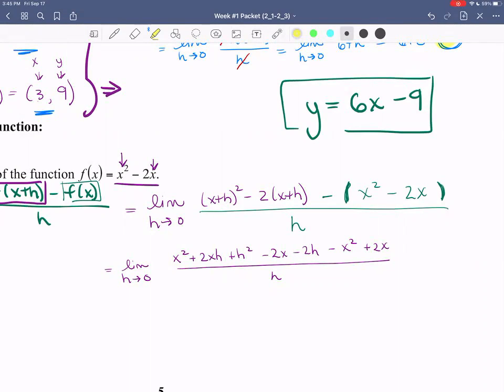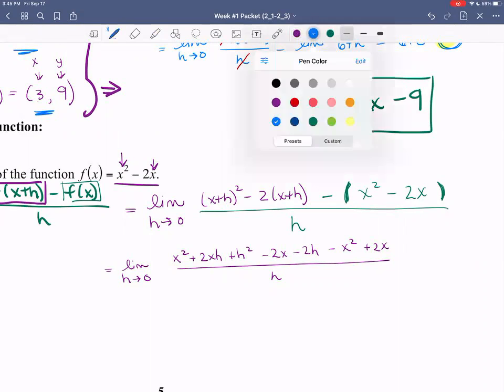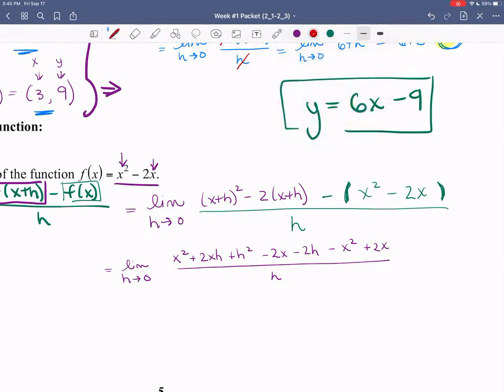What you'll notice is that many things cancel out beautifully here for us. We have our x squared canceling with the minus x squared here, and our negative 2x cancels with a plus 2x. So now let's gather the remaining terms in the numerator.